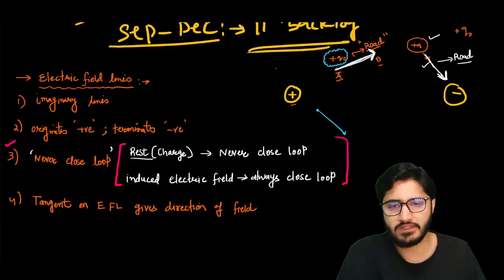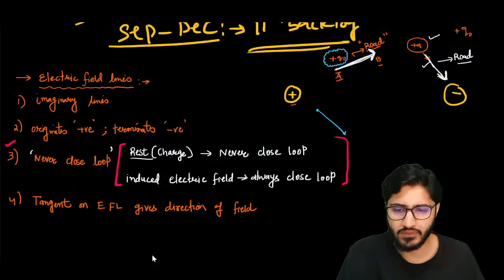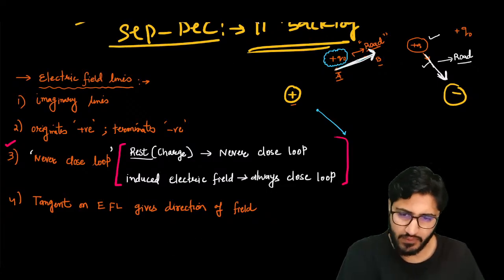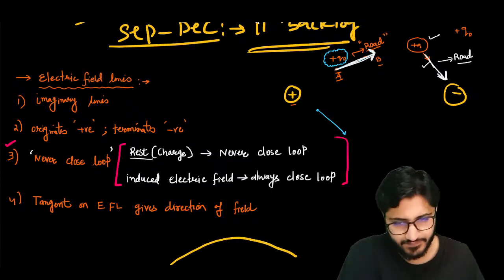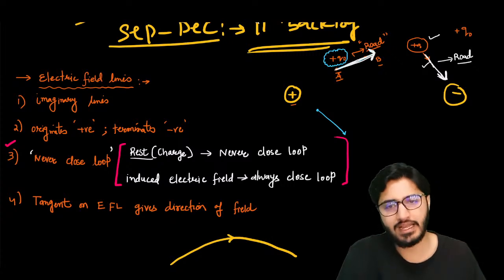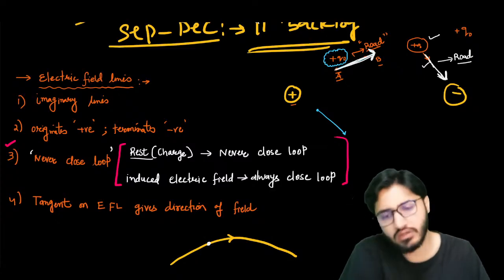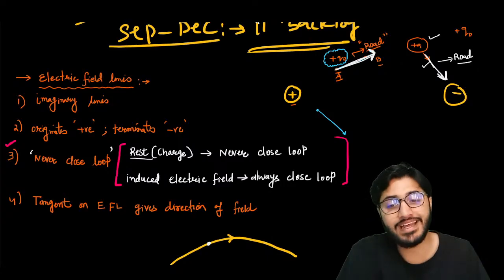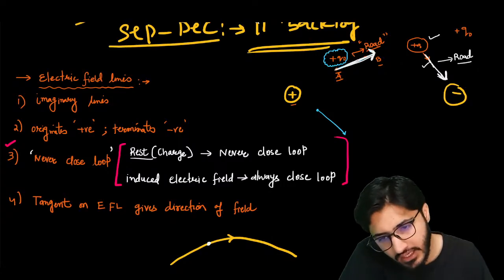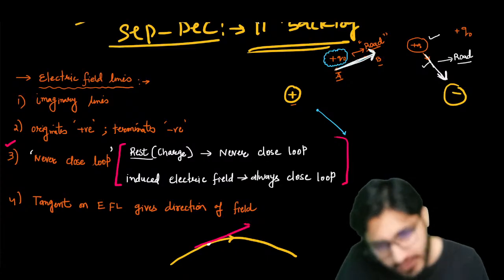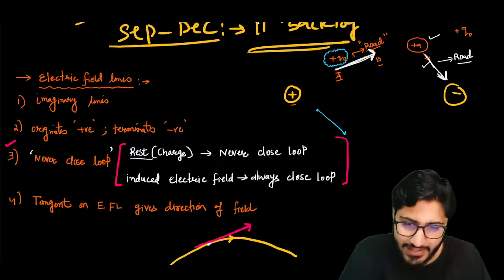If we have something like this, this line represents my electric field line. Now at this particular point, I want to get my direction of electric field. So how will I get it? I need to put a tangent here. This particular tangent will give me the direction of my electric field.